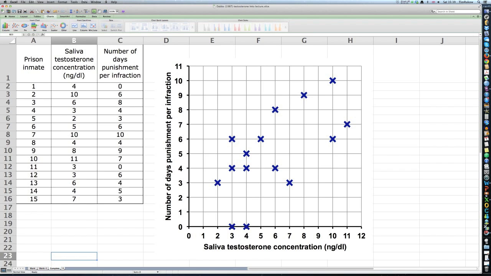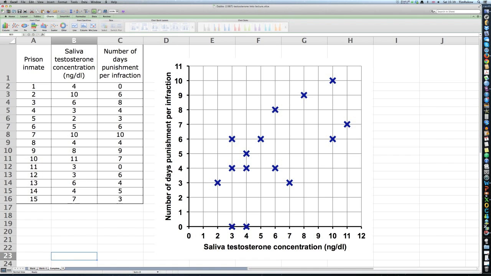I've been slightly cautious. I've said things like "tends to", because we can find certain pairs of data points on this graph that don't fit in with the general pattern. But most of the points fit in with the pattern that I've just described to you in different ways.